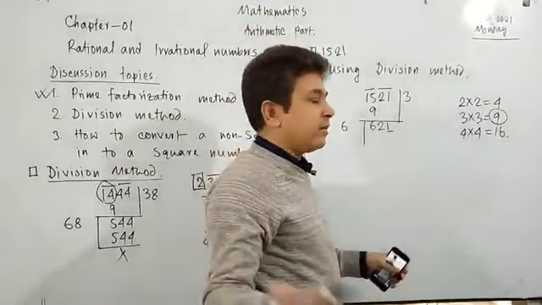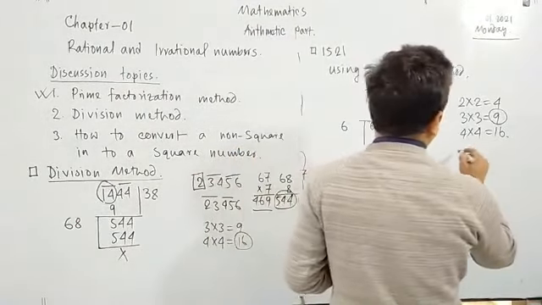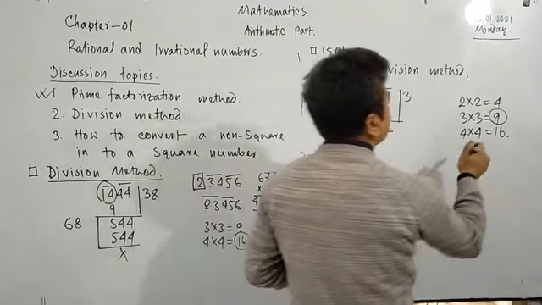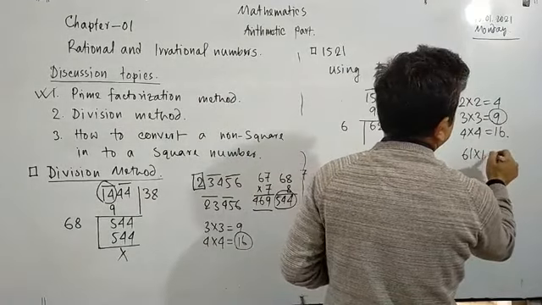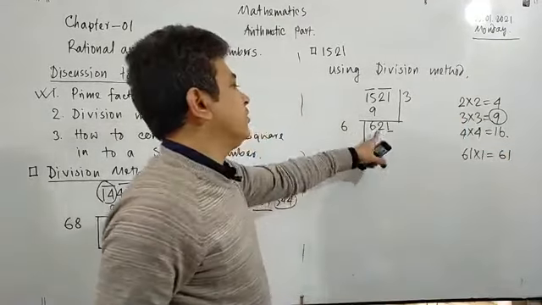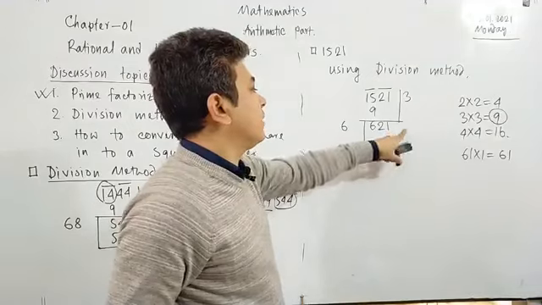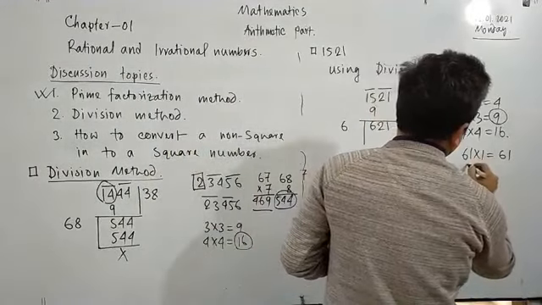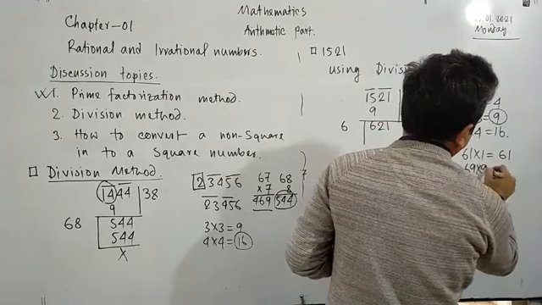We can check if 9 is okay or not. If we put here 1, it becomes 61. So 61 into 1 equals 61, which is far bigger than this 61. Okay.